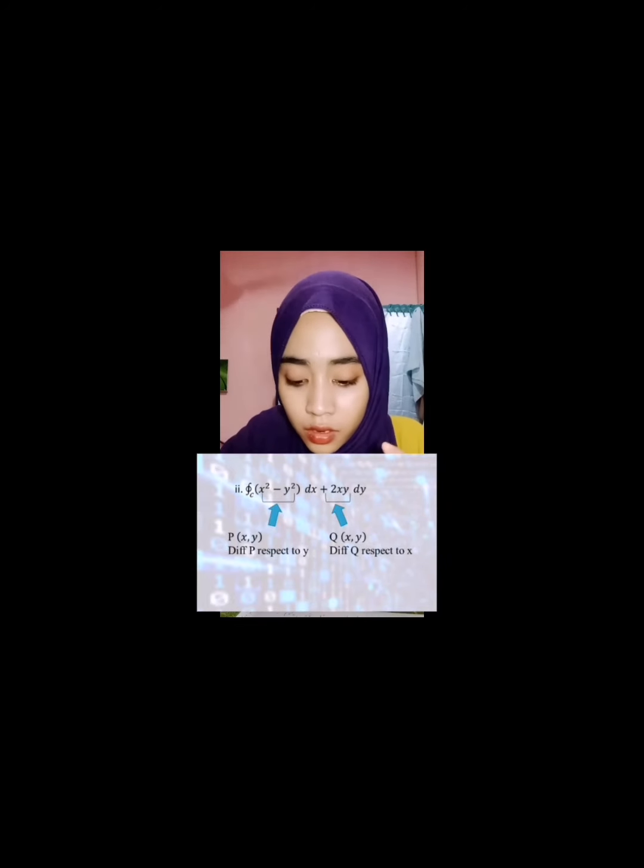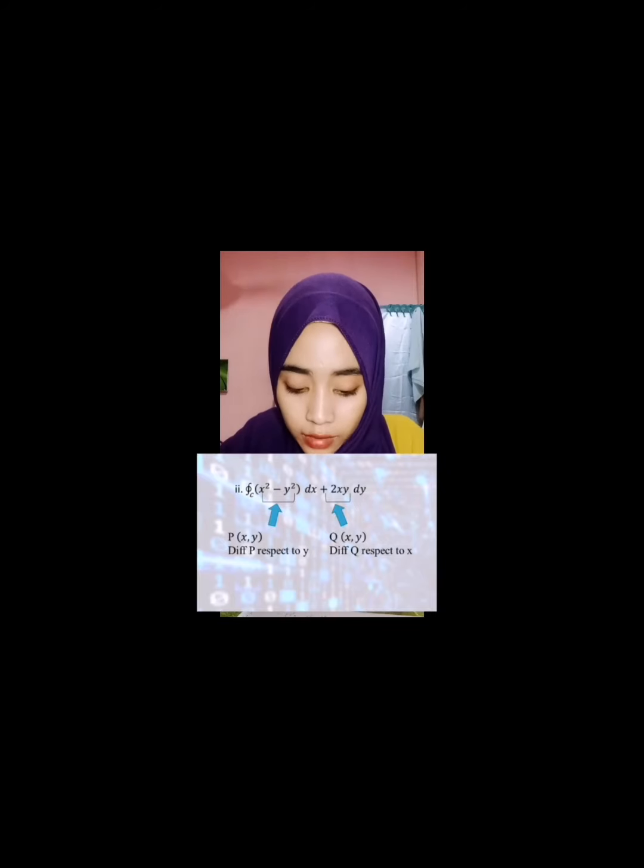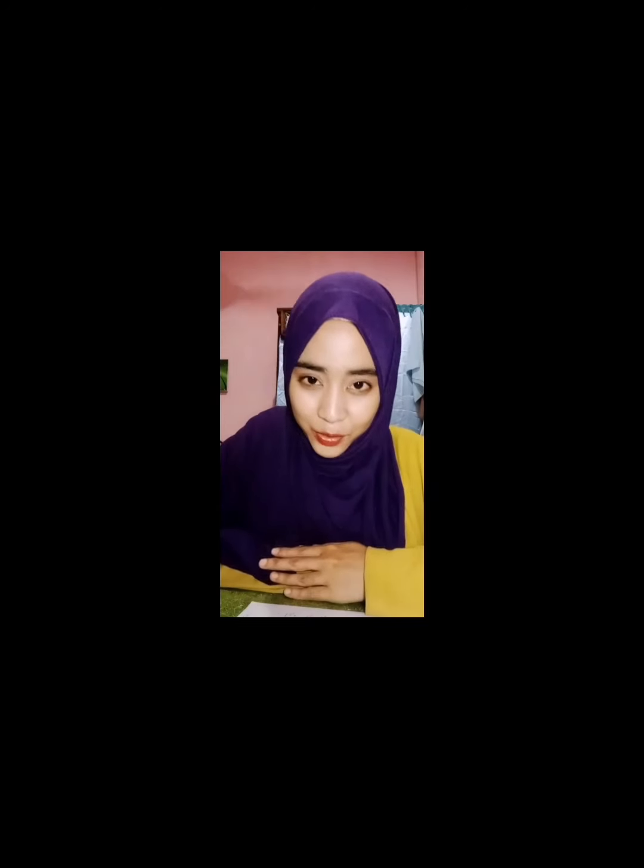For 2xy, we differentiate Q with respect to x and we get 2y. So this is the Green formula, where Q gives 2y and P gives negative 2y. We will put this together in the Green formula, and for that part Kit will explain to you. Thank you.